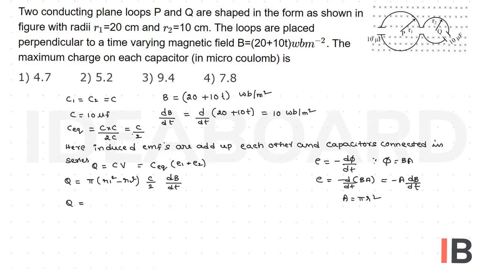So after substituting, this become pi into, this is 400 minus 100 into 10 power minus 4 into capacity is 5 into 10 power minus 6 into the value dB by dt 10, which is equal to 2.5 into pi into microcoulomb, or it is equal to 7.8 microcoulomb. Fourth option is the right option.